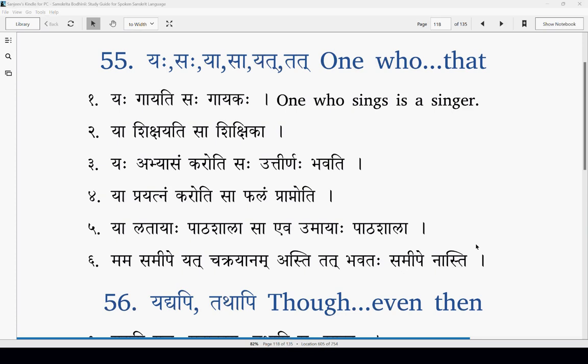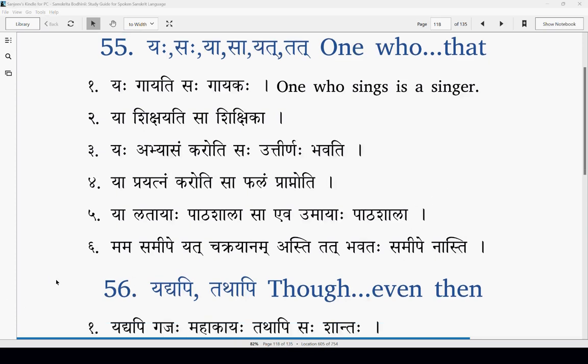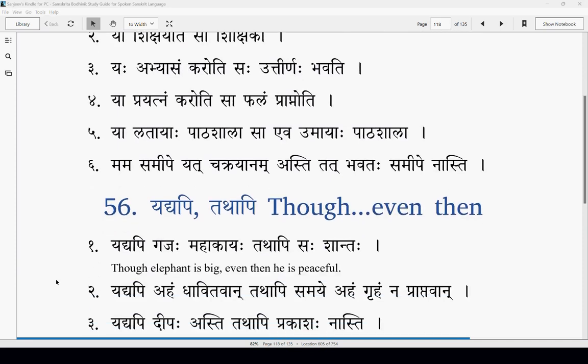यः अभ्यासं करोति, what else? Okay, then, Mahodaya, one question. In this number 4, are both ya and sa now pronouns?